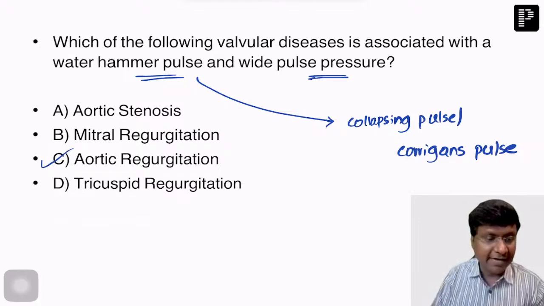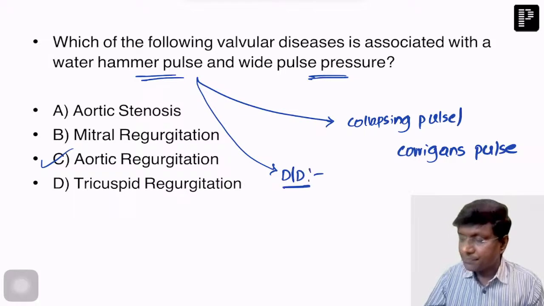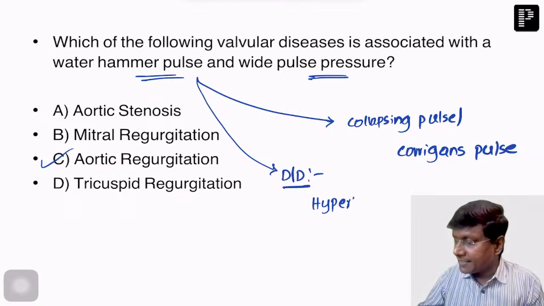So you'll have that in case of AR. But what are the differential diagnoses for the Corrigan's pulse? The differential diagnosis for Corrigan's pulse, or your water hammer pulse, will be all the hyperkinetic states. In hyperkinetic states also, you will have the water hammer pulse.